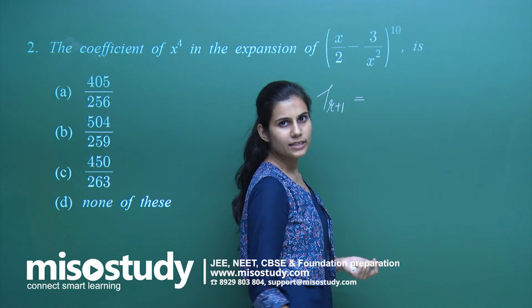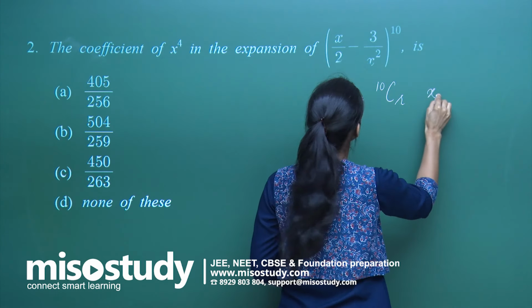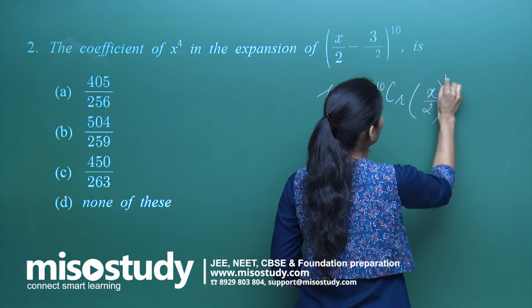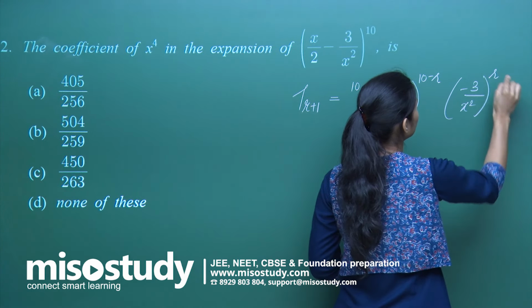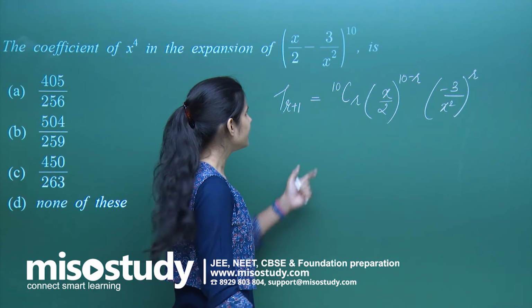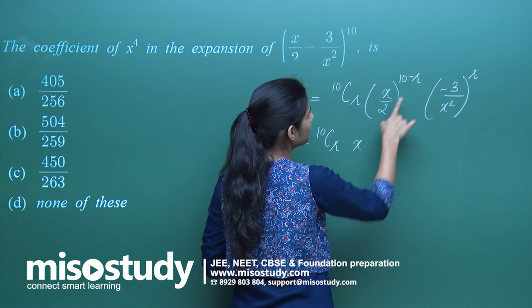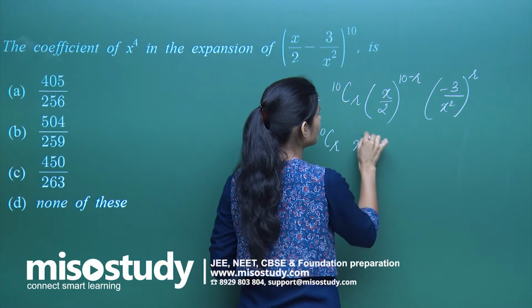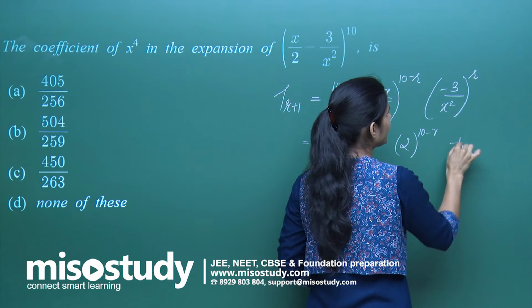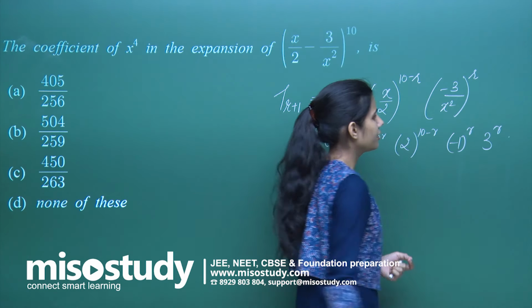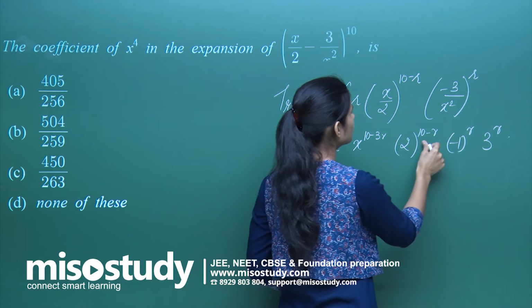So, T(r plus 1) is 10 Cr, because this is 10, (x by 2) whole to the power 10 minus r, times (minus 3 by x square) whole to the power r. This is the general r plus 1th term in the expansion. So, you get 10 Cr x to the power 10 minus r minus 2r, so 10 minus 3r, 2 to the power 10 minus r, minus 1 to the power r and 3 to the power r. Clear? Everything has been brought in the numerator. So, this is 2 to the power r minus 10.